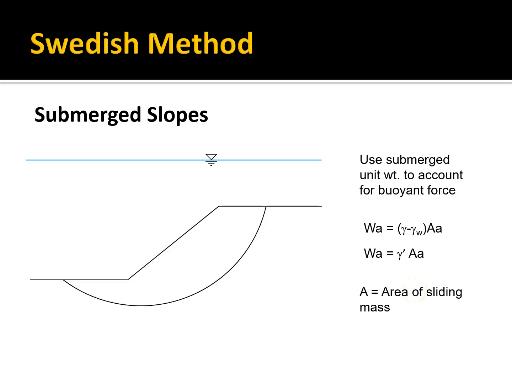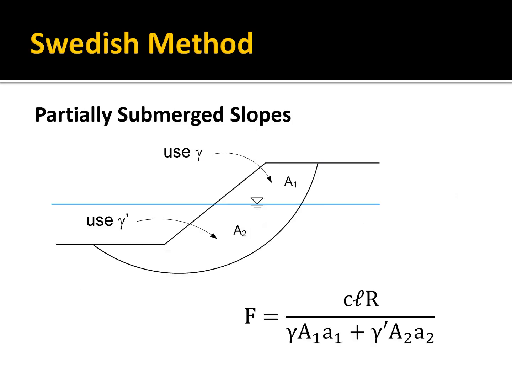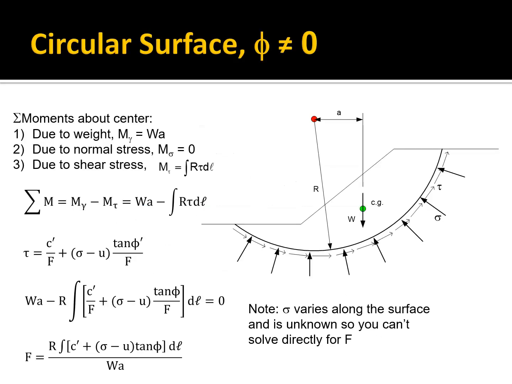So to get the weight, you just use the buoyant weight instead of the total weight. If it's partially submerged, you would break it up into 2 parts. Above the water surface, you would use the dry unit weight, and below the water surface, you'd use the buoyant unit weight. So it's pretty flexible.